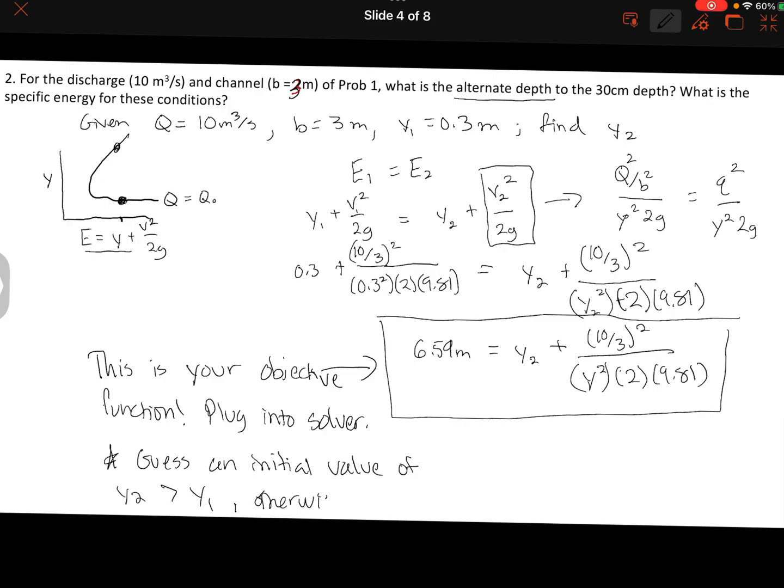Otherwise, this will just return y1. If you have any questions on how to do that, just let me know.